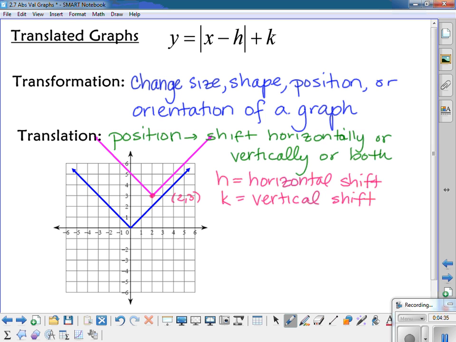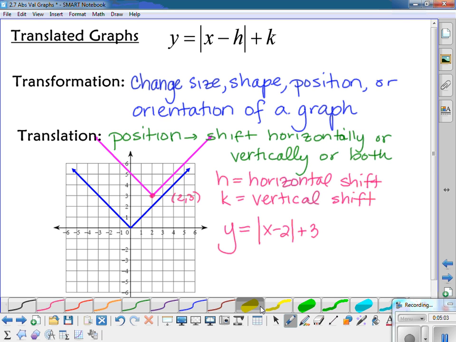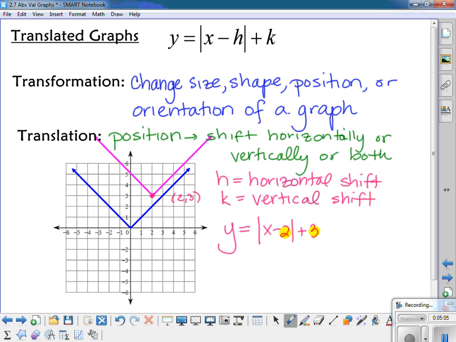So now I can write the equation of the new graph that I moved, using y equals the absolute value of x minus h, plus k. So the equation would be y equals the absolute value of x minus, what's my h? 2, right? I moved it to the right 2. And then plus k, how much did I move it up? 3. Okay? So you see how the vertex shows up in the equation? The vertex is like that, right?